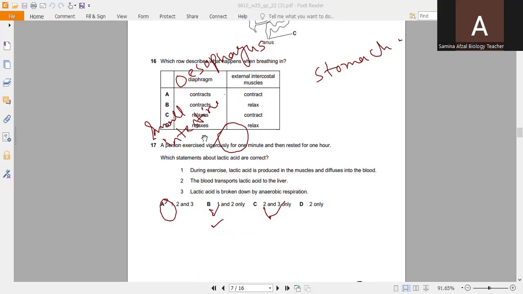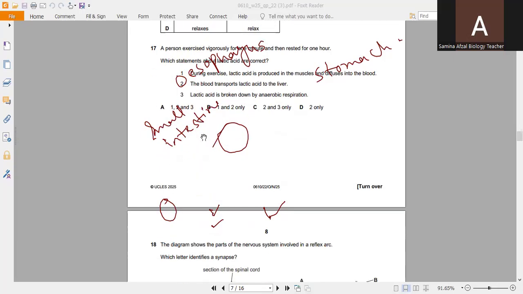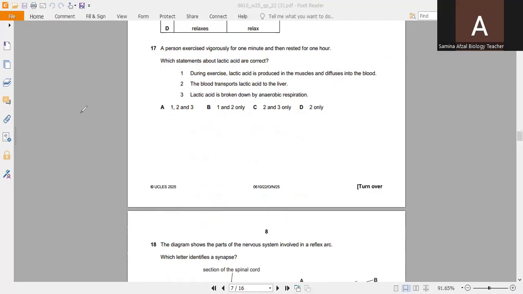Question number 17 is, a person exercised vigorously for 1 minute and then rested for 1 hour. Which statements about lactic acid are correct? So, you know that during exercise, lactic acid is produced in the muscles and diffuses into the blood.